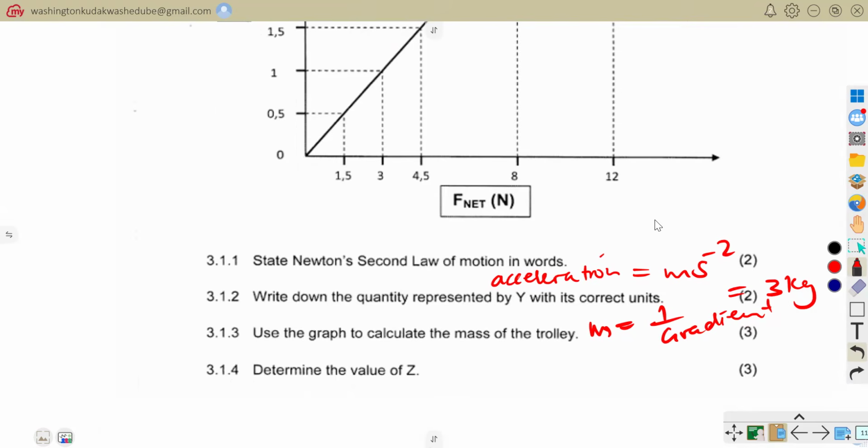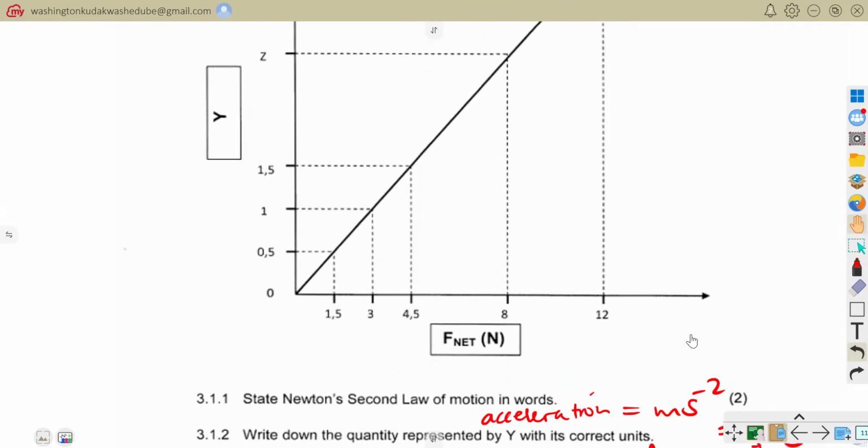Determine the value of z. Now we need to determine the value of z. Where is z? There is z. Since we now know the gradient, we can use the gradient to say gradient is equal to y2 minus y1 over x2 minus x1.